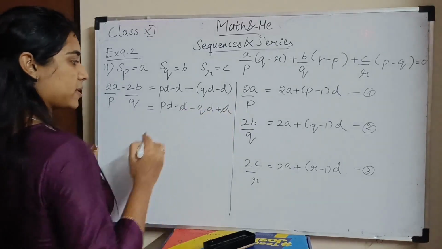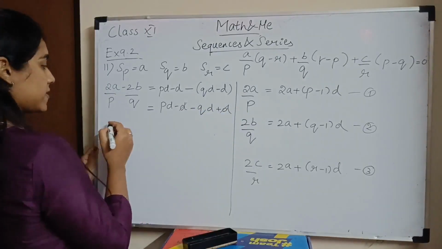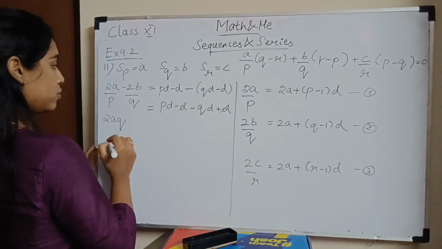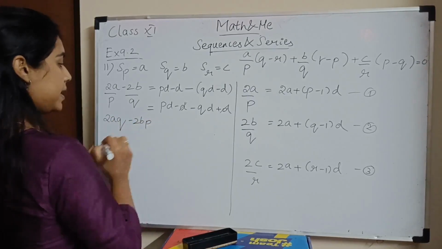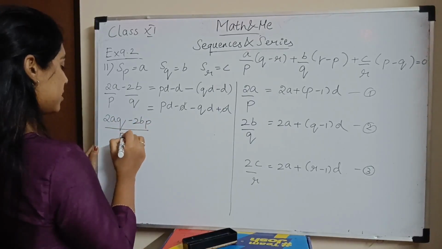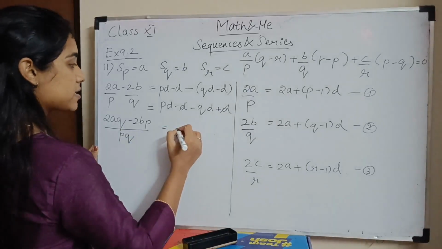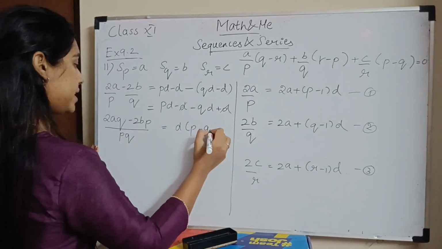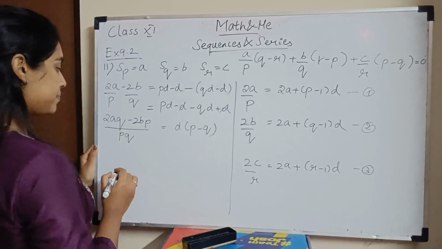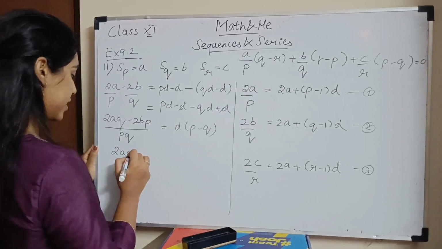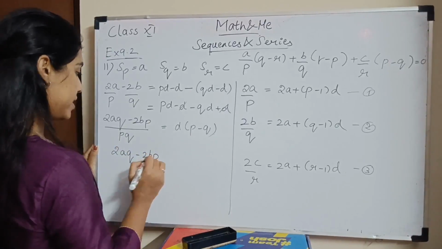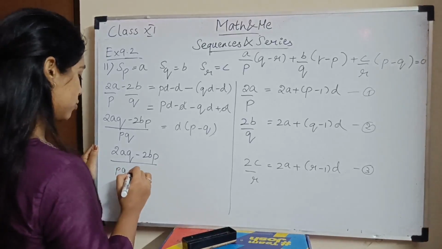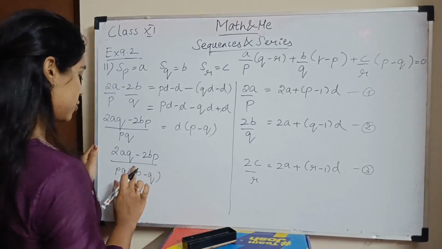The minus d and the plus d go off. So I'll take the LCM on this side. I have (2AQ minus 2BP) divided by PQ equals d times (P minus Q). So what is my d? My d is (2AQ minus 2BP) divided by PQ times (P minus Q).